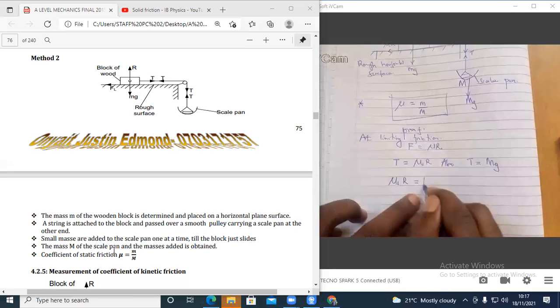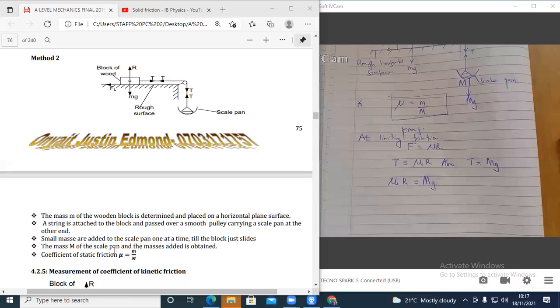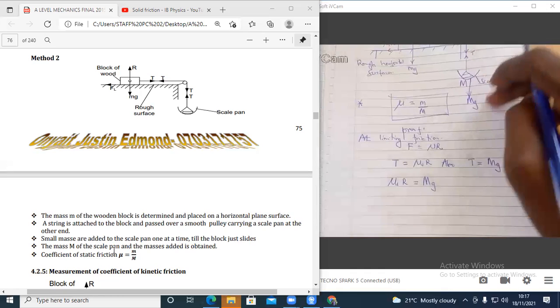So we shall have capital M G, which is this one here.